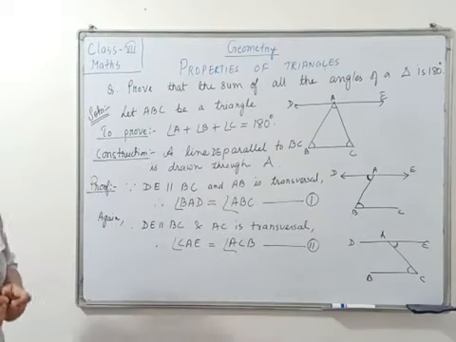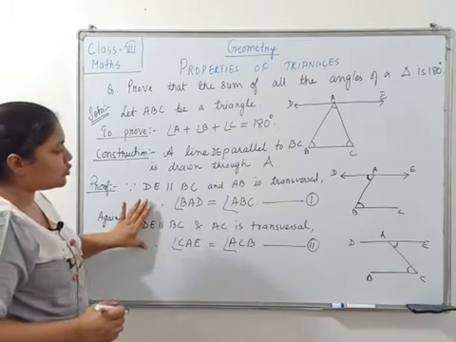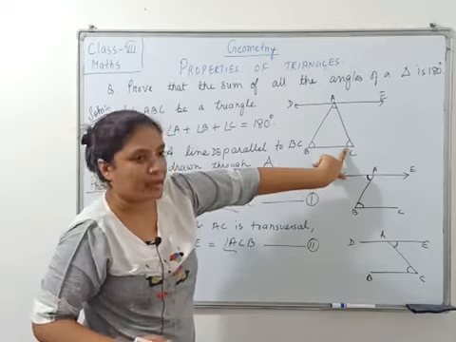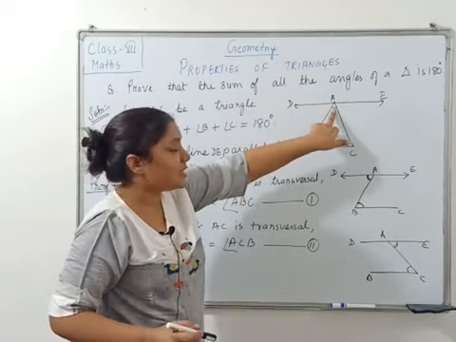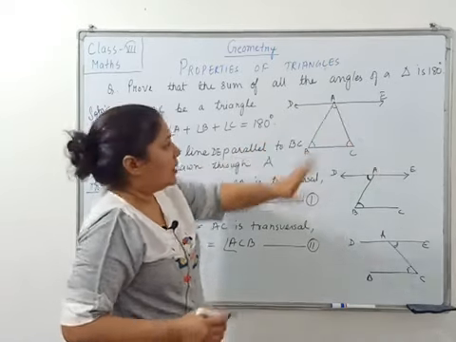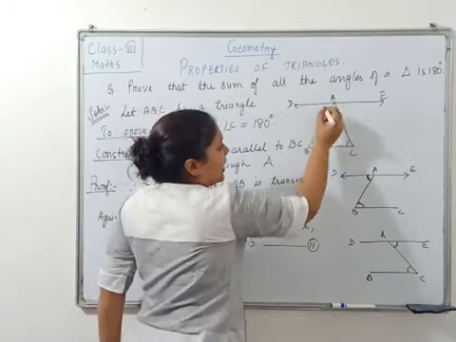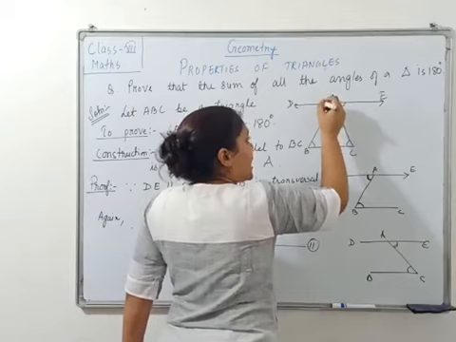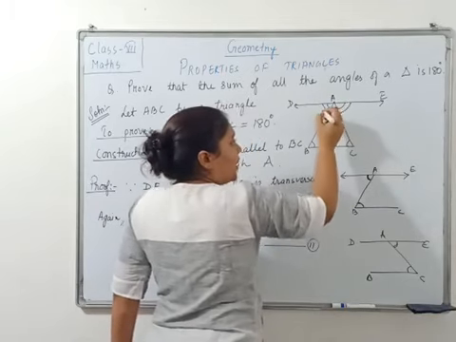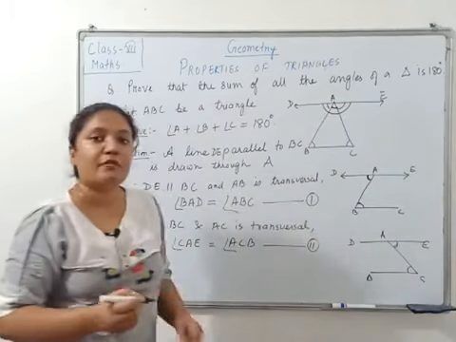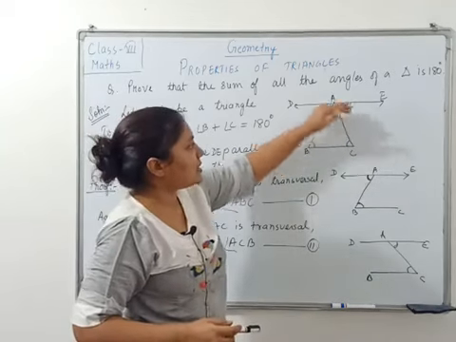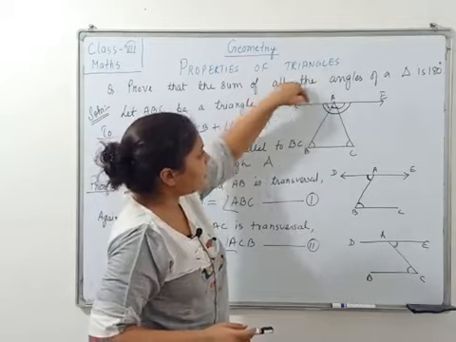Clear, students? Now we got two things. We got this angle, we got this angle, but this angle is missing here. Now see in the diagram, if I add these three angles, they are forming a straight angle. Yes or no? As this line is parallel to this, I can say this is a straight line.